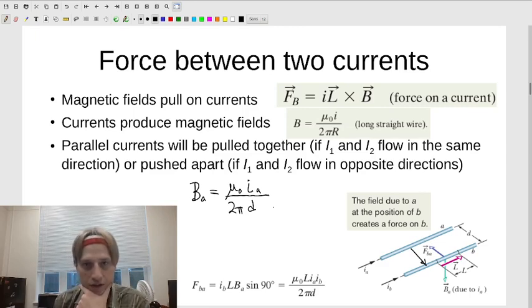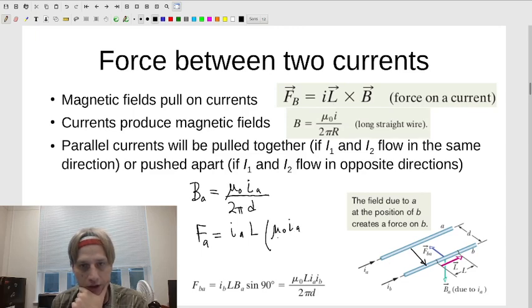And so for the magnitude, I would put this magnetic field in there, and the force on wire A would be due to the magnetic field of wire B, and I'd put in the current from A, the length of the wire, the current from B. I'm just going to write it straightforwardly: I times L times B, with B being mu naught I_A over 2 pi d.